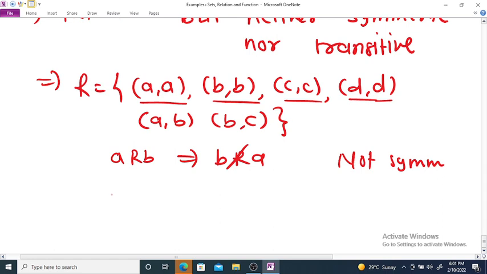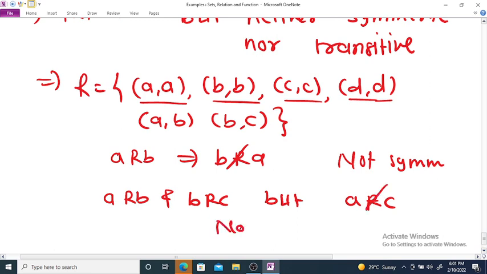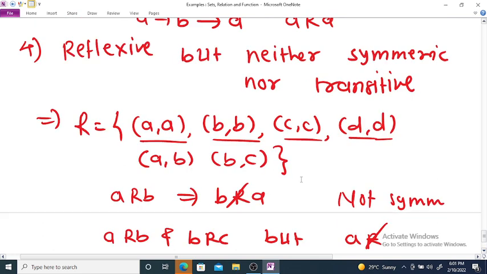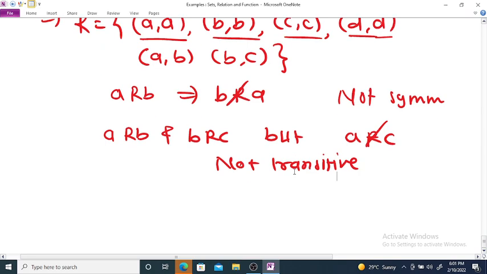Again, A related to B and B related to C, but there is no pair A related to C, and therefore the given relation is not transitive. So the given relation is reflexive but neither symmetric nor transitive.